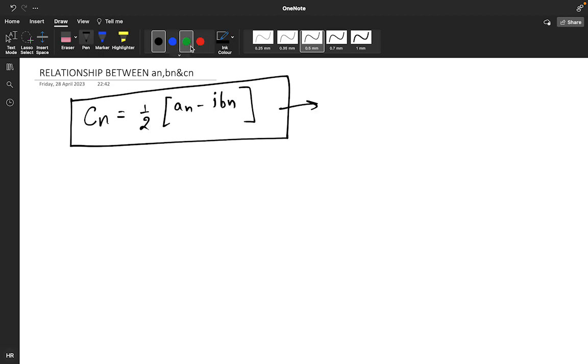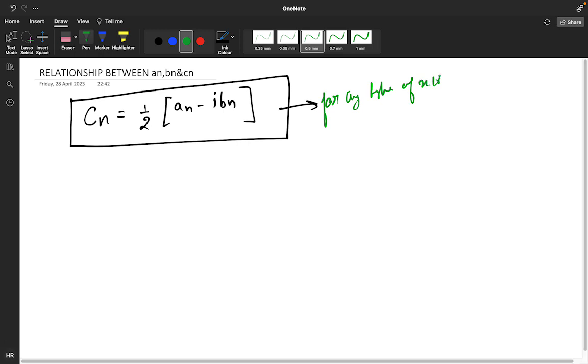Means it's not depending upon the signal, for any type of x of t.